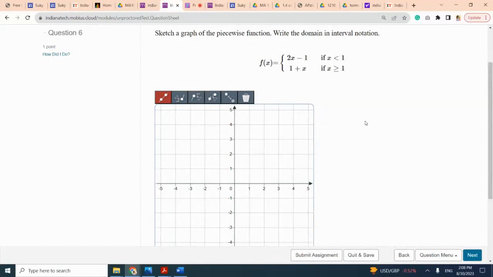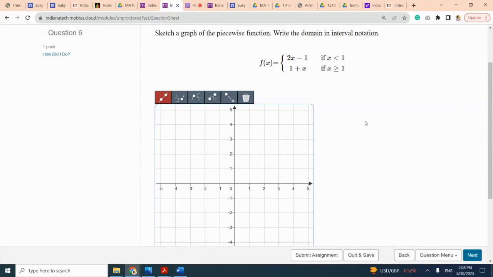Remember 1.2? You get this piecewise function and you need to draw it, right, everybody? Let me make an example of how to draw it here. It has two pieces. This piece is x less than 1. So you find where the 1 is and plug it in here. 2 times 1 minus 1 is what? 1, right?